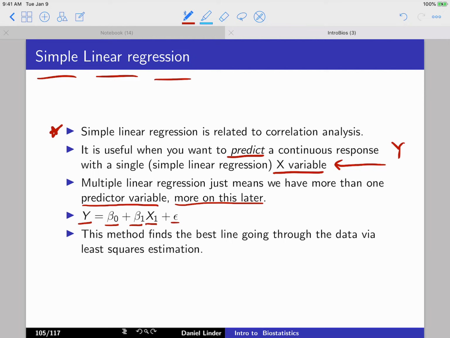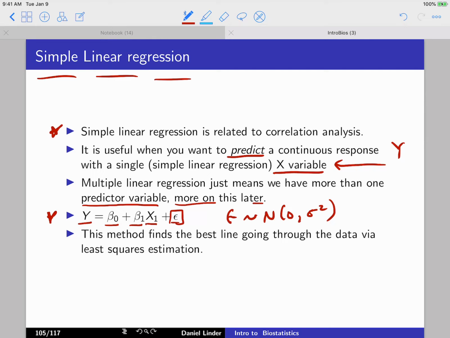Typically the assumption made on this residual, epsilon, is that it's normal with some mean and variance. Of course, assumptions need to be checked, and if you wanted to carry out inference based on the t-test, you would need to check for normality of the residuals. But this is the typical modeling assumption for a linear regression.